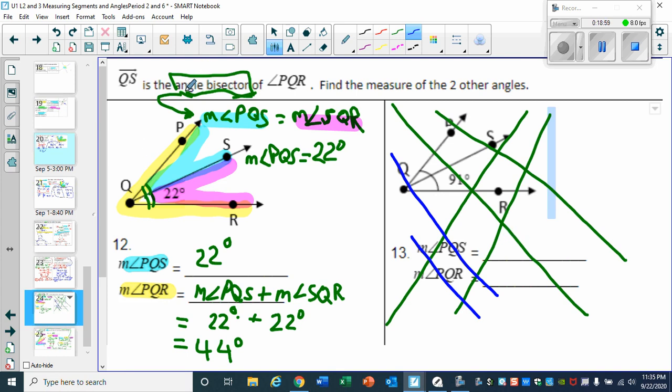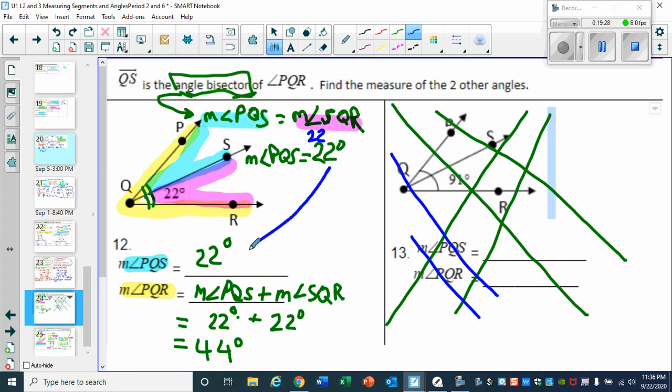Now, angle bisector, that means QS, this is your angle bisector. That means that angle measure from PQS, highlighted in blue, is the same as SQR. Now they're saying SQR is 22. So if SQR is 22 and SQR equals PQS, that means PQS must also be 22.